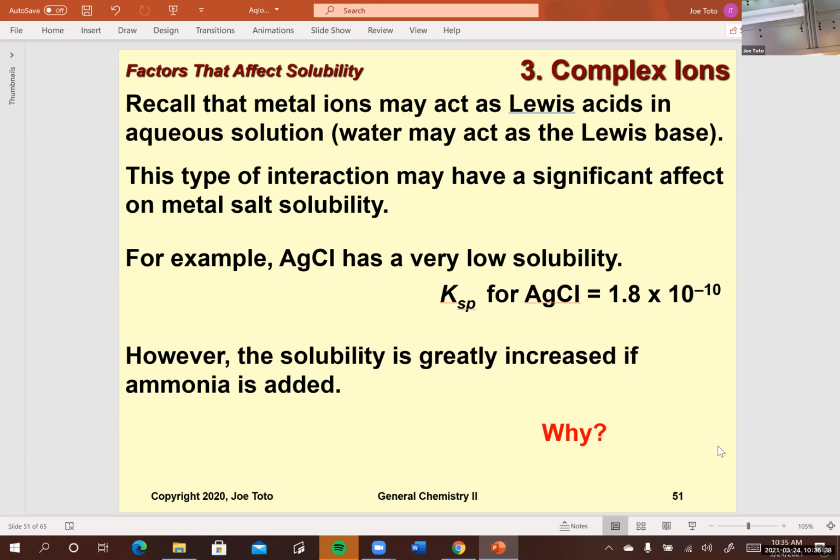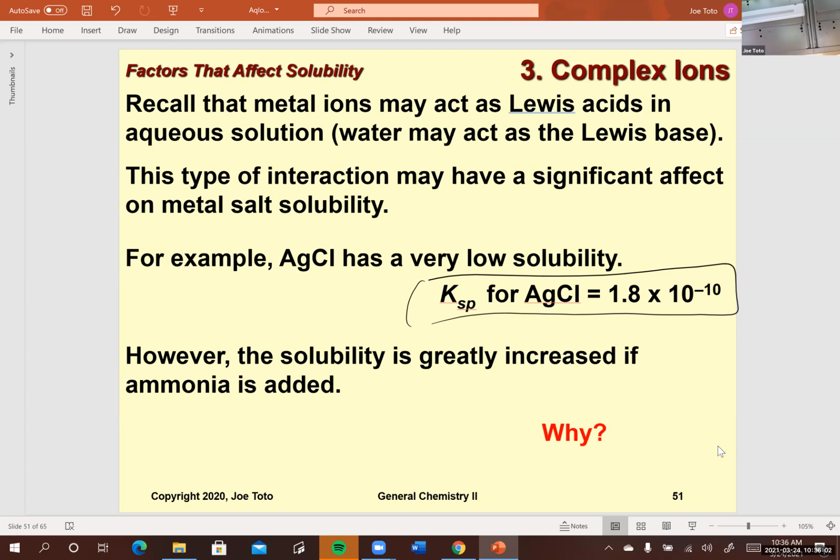And we sort of talked about metal complexes. So again, we look at the solubility of silver chloride like we did before. We calculated that solubility, it was 1.35 times 10 to the minus 5, back there somewhere.